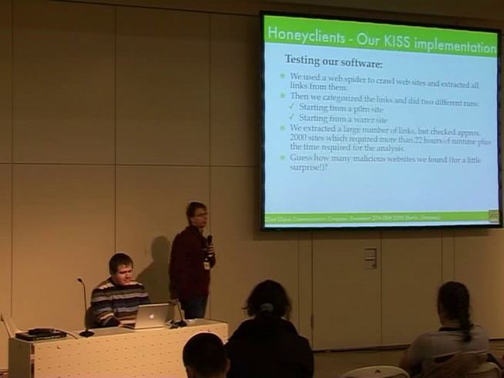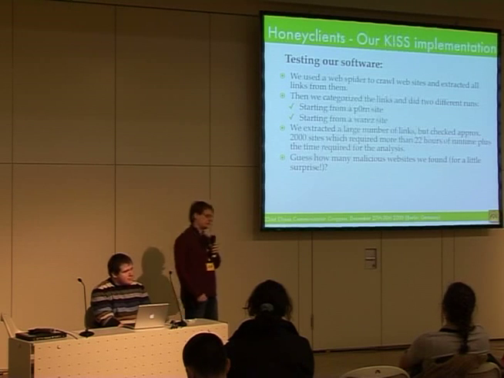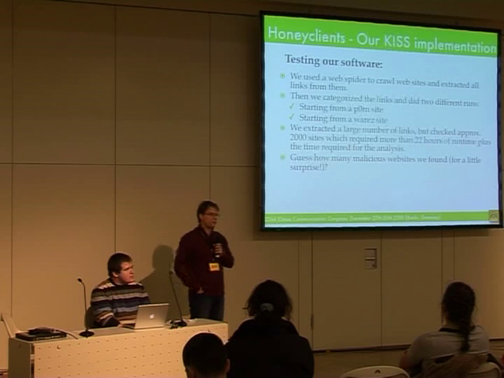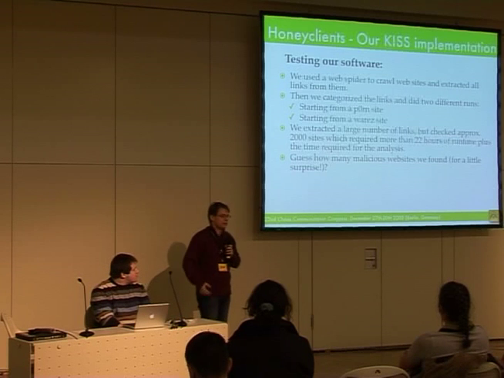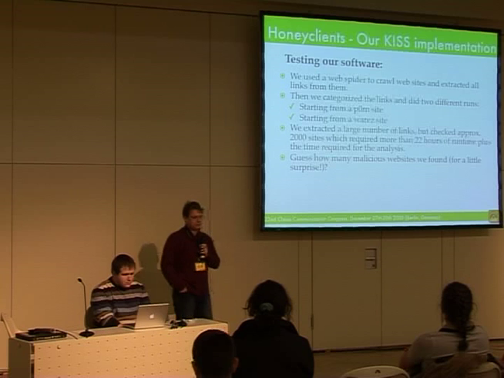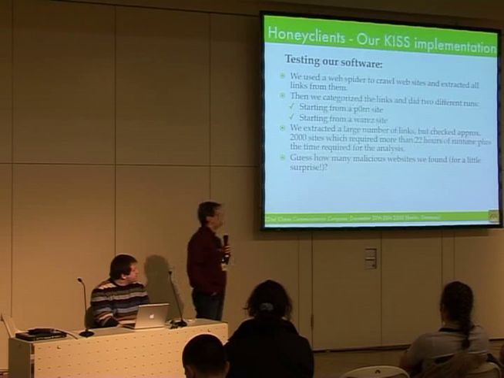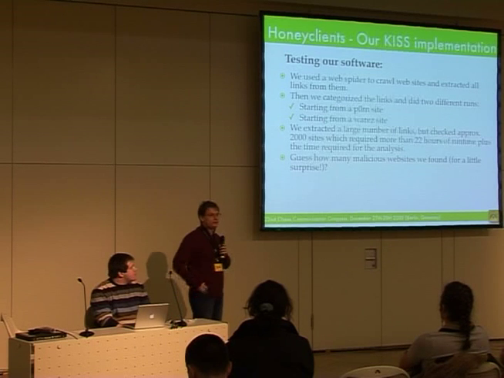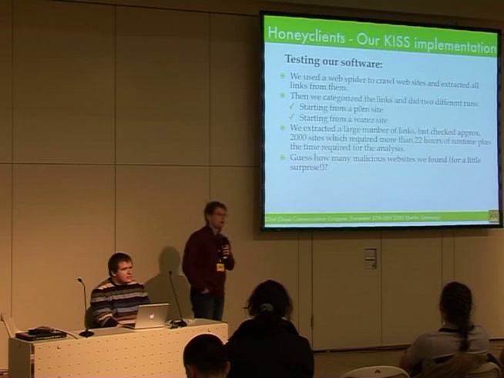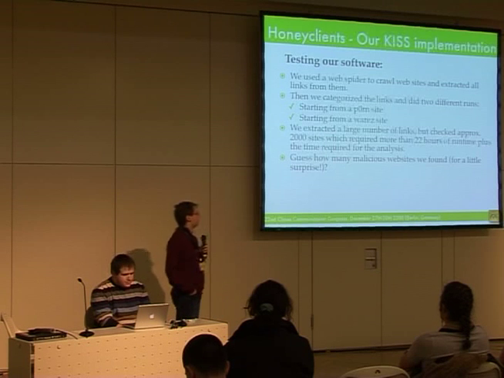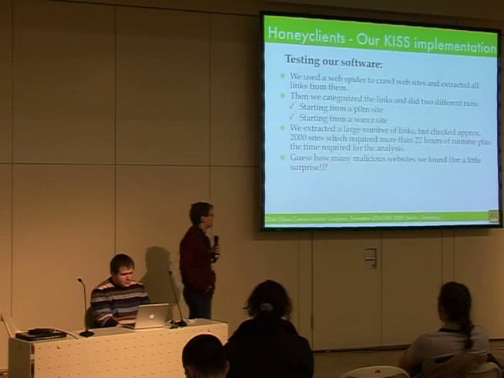We extracted a large number of links, but checking the sites takes time, which we don't have because we have to work, unfortunately. We analyzed only 2,000 of them, which is already 22 hours of pure runtime, and of course the time additionally required for the analysis.